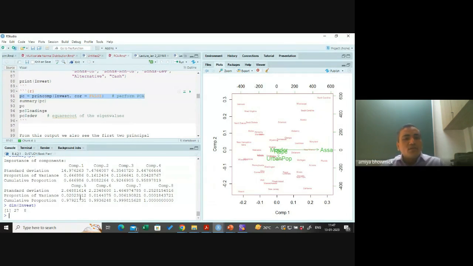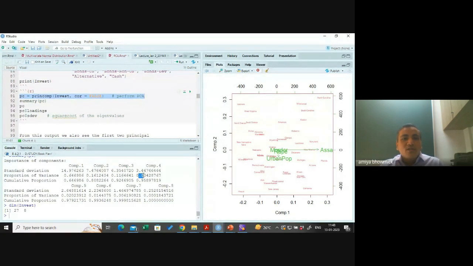But how many components are actually enough? For example, if you read the proportion of variance explained, the first component explains approximately 64%, the second component approximately 16%, and the third component approximately 11%.